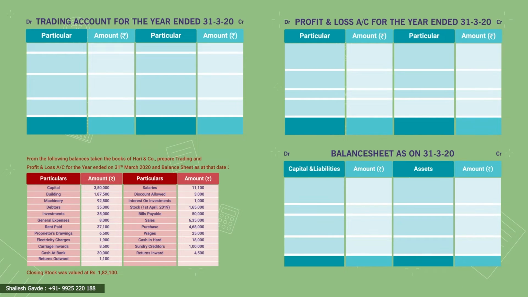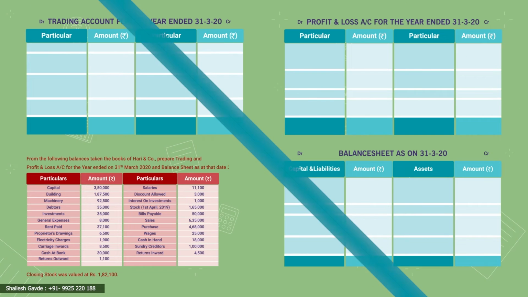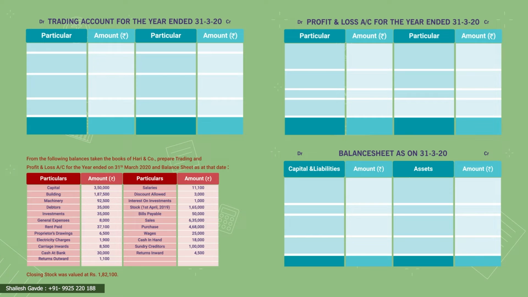we take balance sheet. So here we have trading, profit and loss and balance sheet. About trading account, we write trading account for the year ended 31st March 20. About profit and loss account, we write profit and loss account for the year ended 31st March 20.